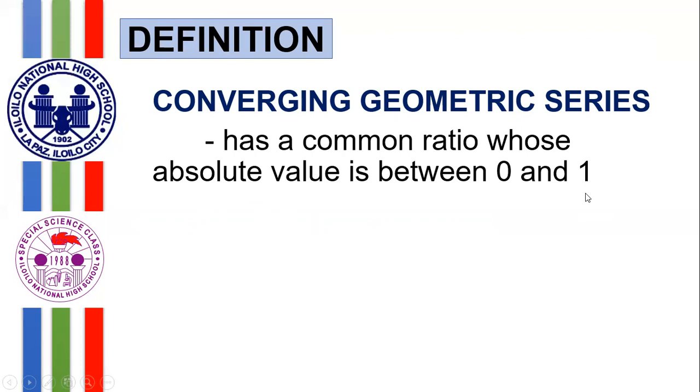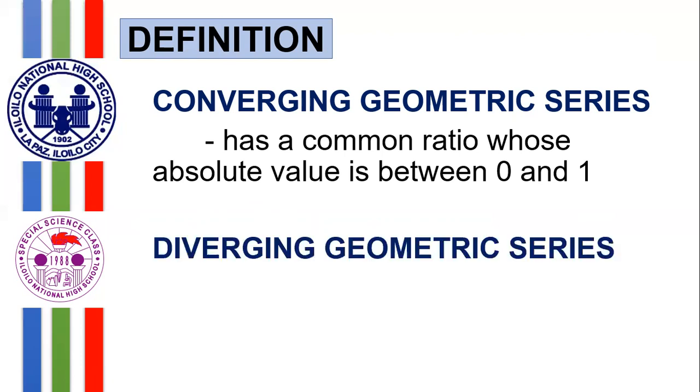For example, 1/2, 2/3, 1/3, negative 2/5. Even if it's positive or negative, as long as its absolute value is between 0 and 1, then the series is converging. And note that 0 and 1 as common ratios are not included.